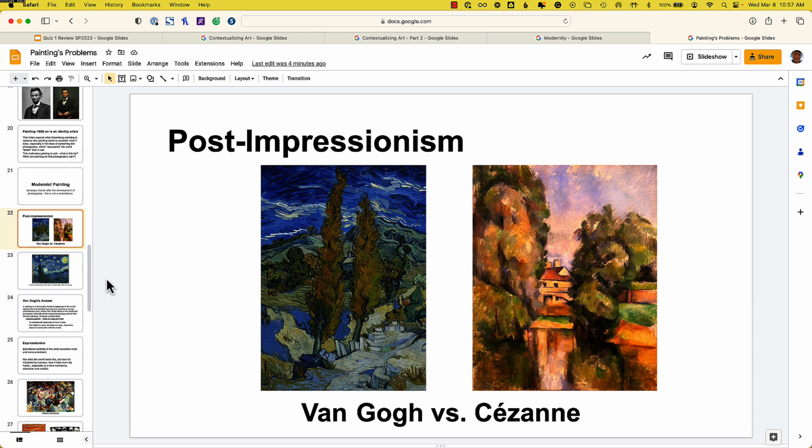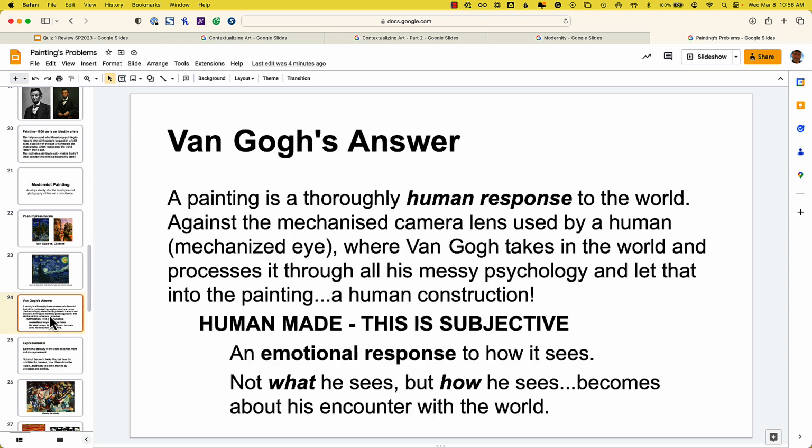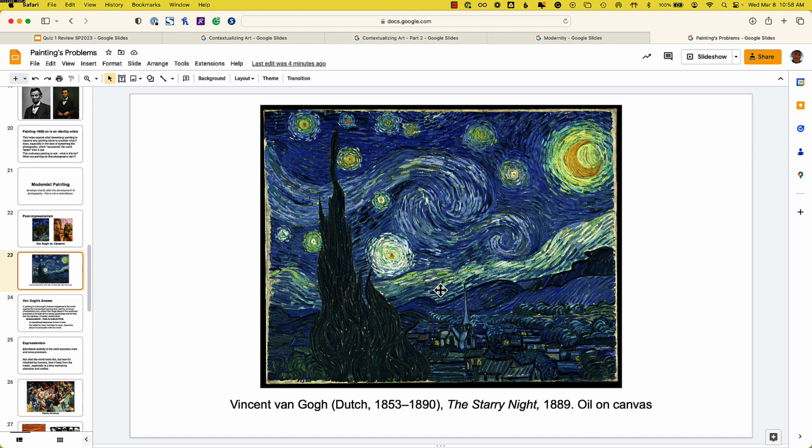The human-made. This is subjective and the real embrace of an emotional response. Not what Van Gogh sees, but how he sees it. This being experiential. Color, therefore, carries meaning. It's not accurate to the world. We can see the brushstrokes, the human choices that are being made, right? It's expressionism, it's an emotional activity, right?